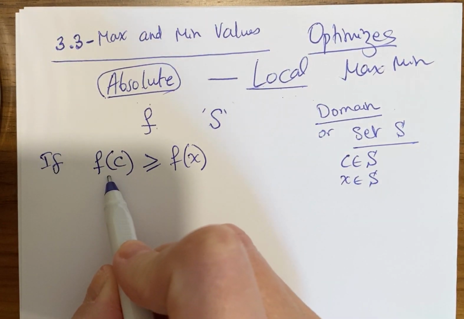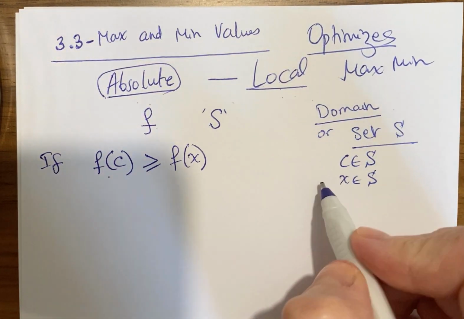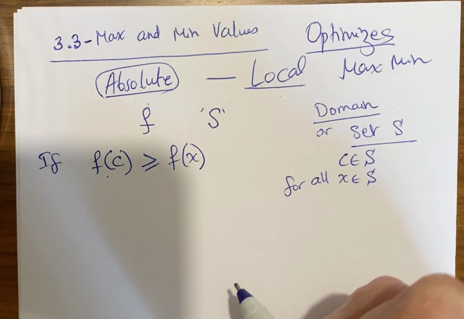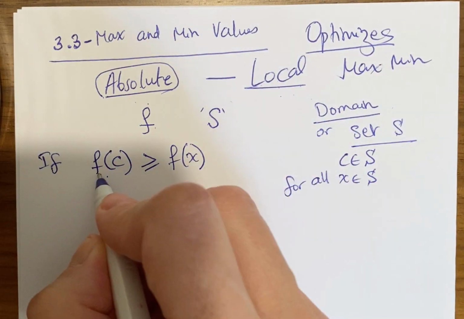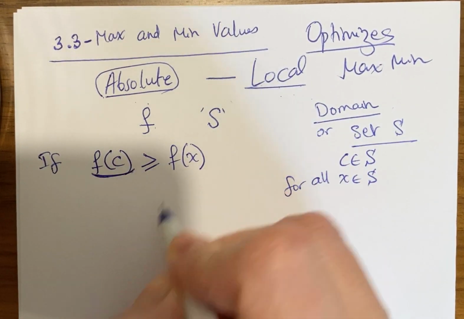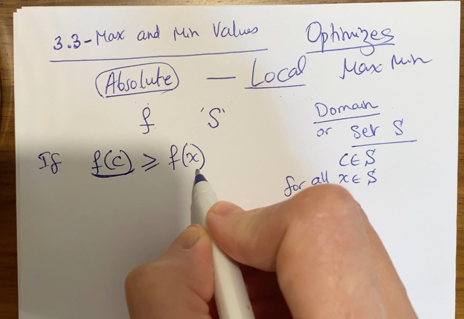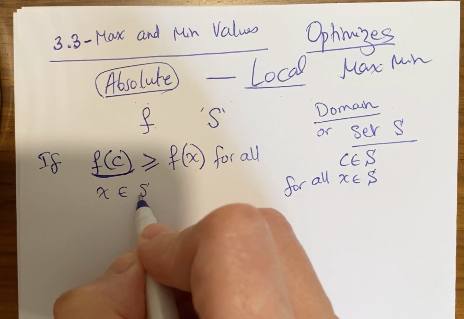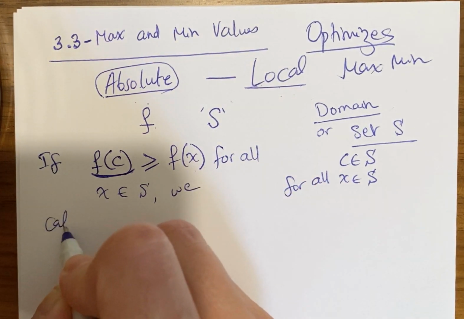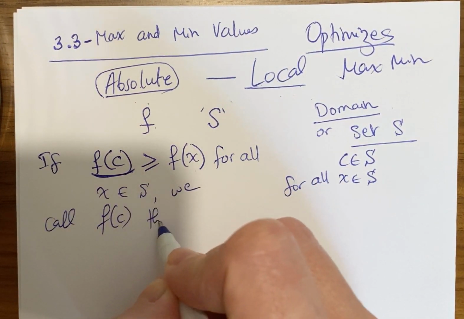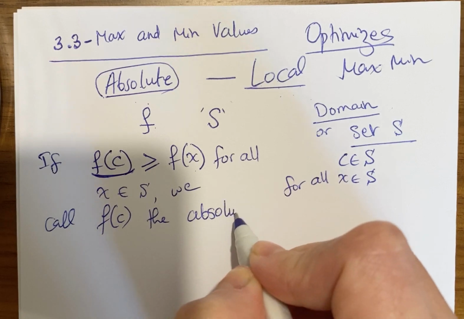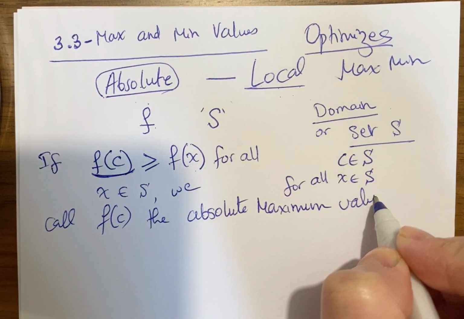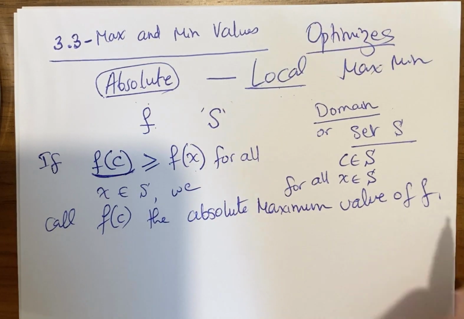So if f of c is greater than or equal to f of x for all x in S, we call f of c the absolute maximum value of f. Be very careful.